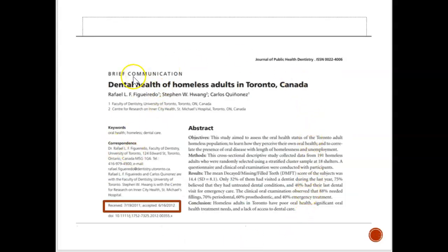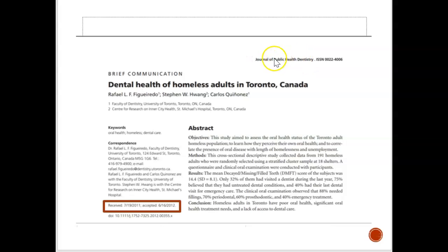So what this means is that this article that's published in the Journal of Public Health Dentistry was received in July of 2011. So the authors, which are over here, these three authors, submitted it to the Journal of Public Health Dentistry in July of 2011.